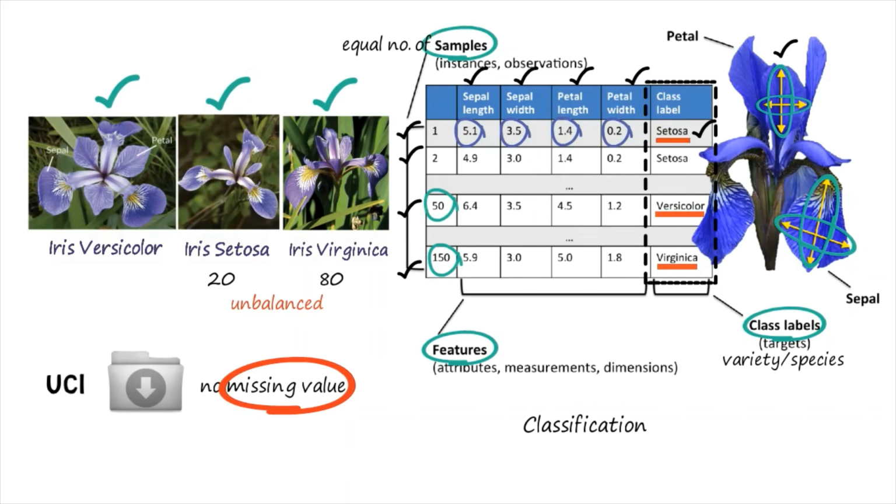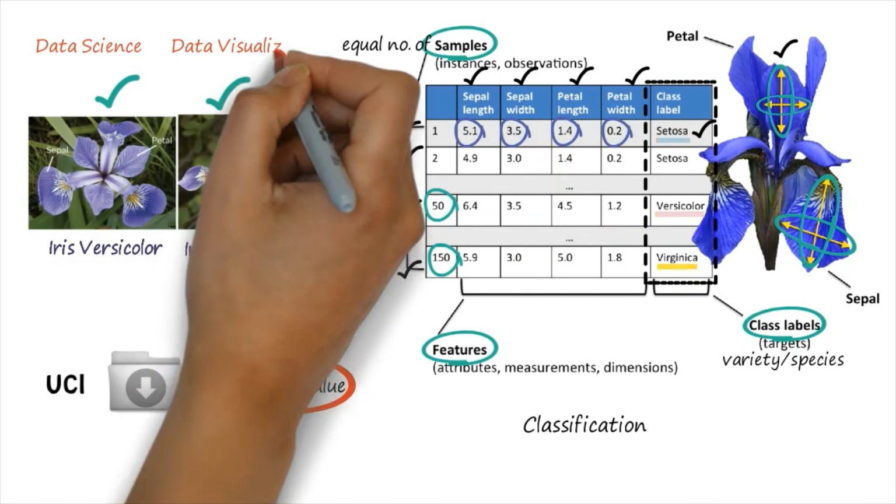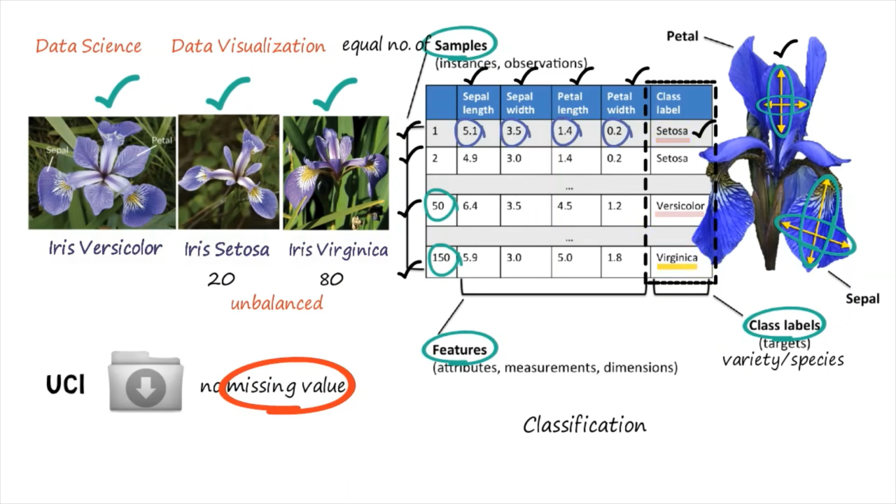Here we have to understand in the context of data science and data visualization. That means we have to identify the detailed insight of this data set, and to fetch it, we have to understand the data visualization concept, which is a part of data science.